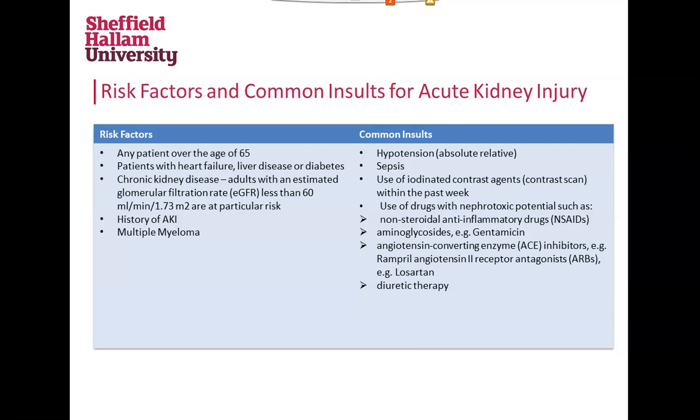Secondly, any patients with heart failure, liver disease or diabetes are higher risk from experiencing an acute kidney injury. So, people with heart failure could be at risk of an acute kidney injury because the pump of the heart is poor and it's not perfusing the kidney adequately with an oxygen-rich blood supply.